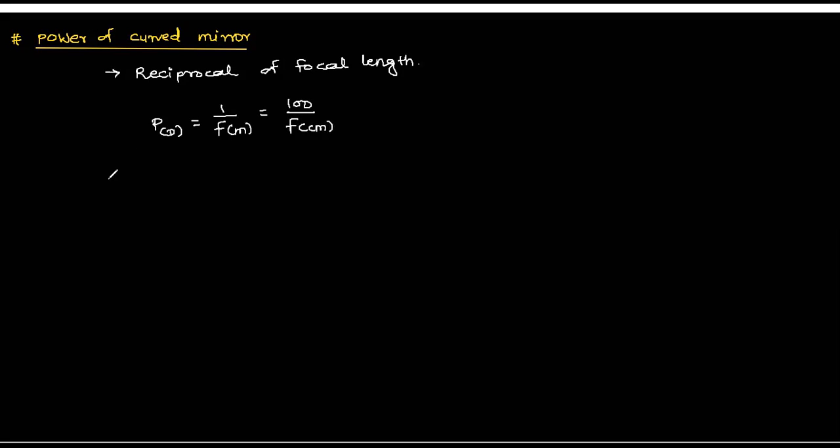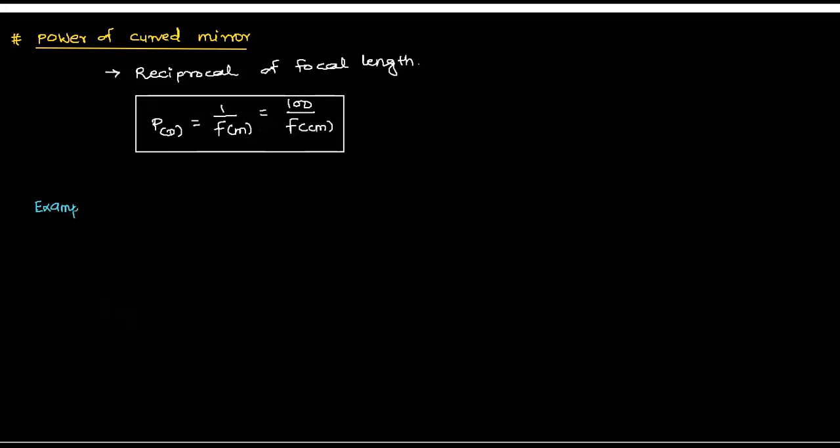This already you know. So if focal length is given in meter, you use the direct 1 by F formula. If focal length is in centimeter, you just divide 100 by that focal length, right? One small example we will take.